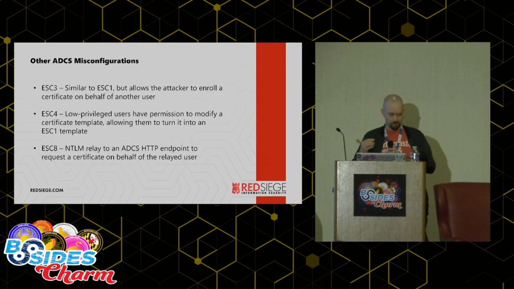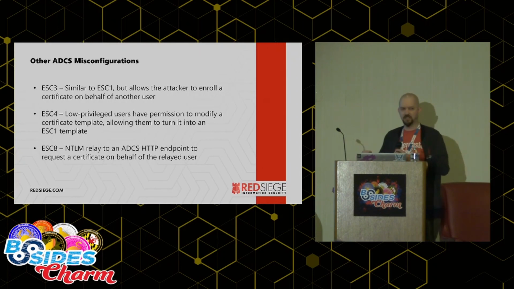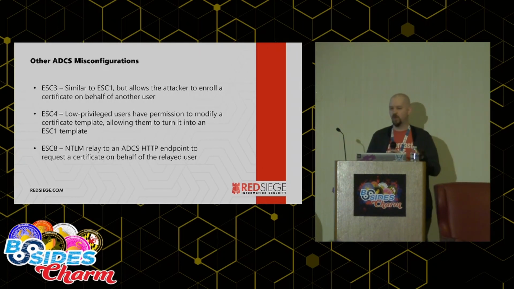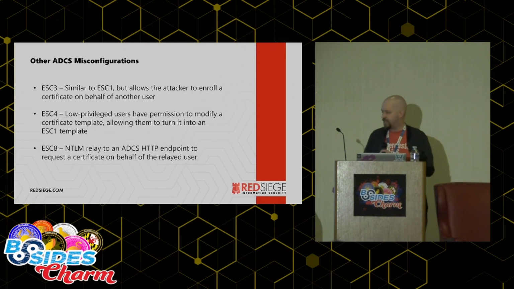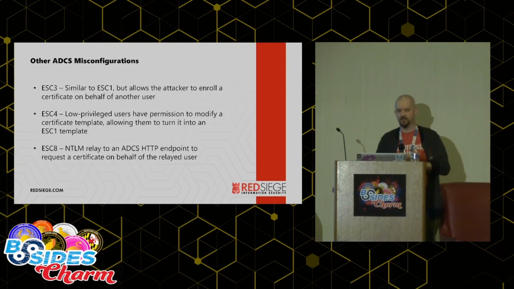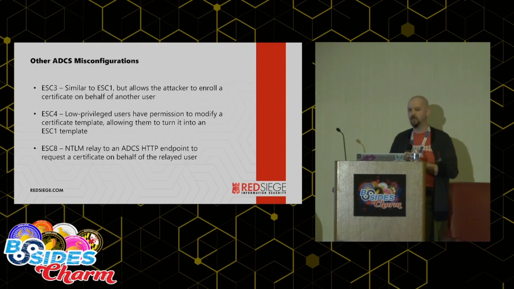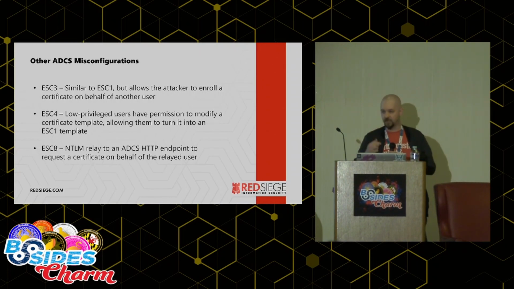ESC4, it's not a weakness in the template itself, it's a permissions problem where a low privileged user can modify the template or even modify the certificate authority itself and change it into an ESC1 template or one of these other issues. And then ESC8 is, we've left web requests on for this, and we can NTLM relay credentials to this ADCS endpoint and request a certificate on behalf of whoever's credentials we're relaying.